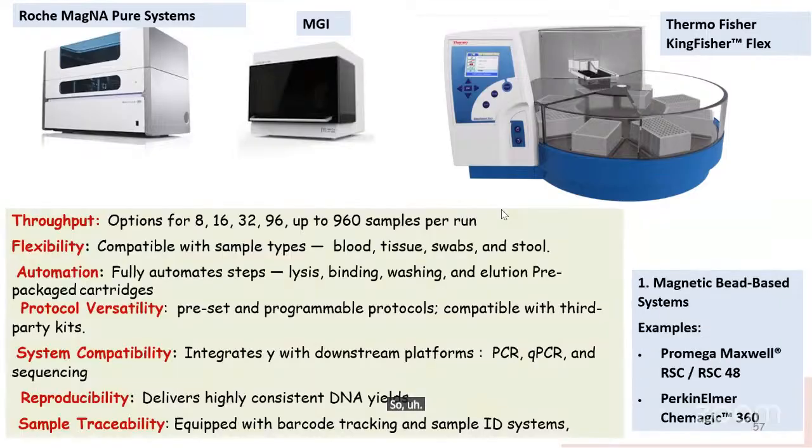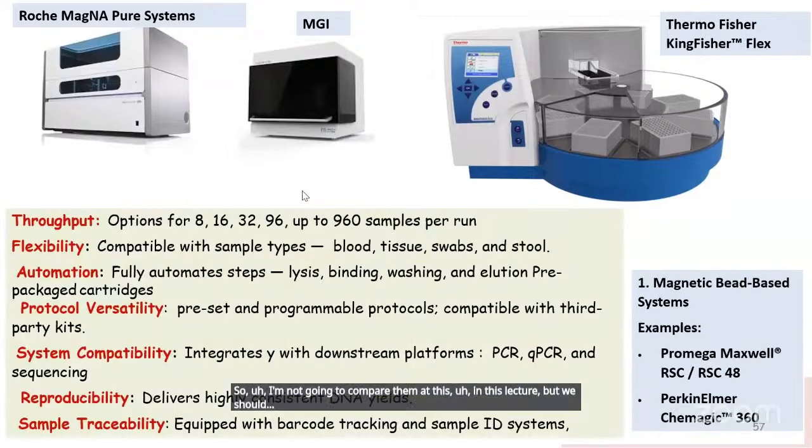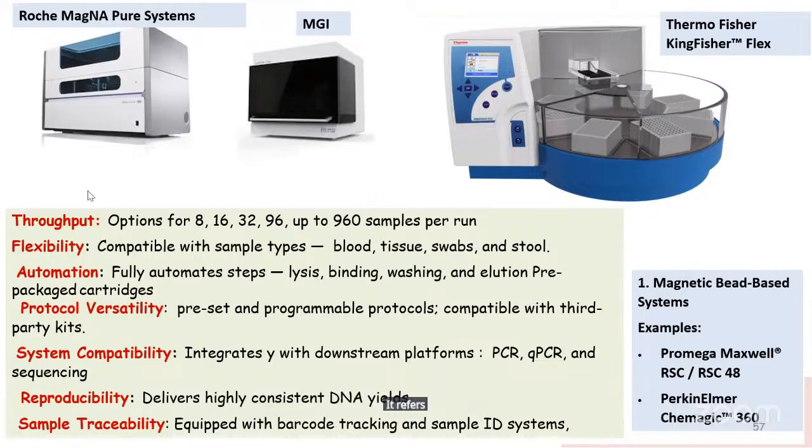I'm not going to compare them in this lecture, but we should keep in mind a few points whenever we are going to choose an automated extraction system. One is the throughput. It refers to how many samples the machine can process in one run.